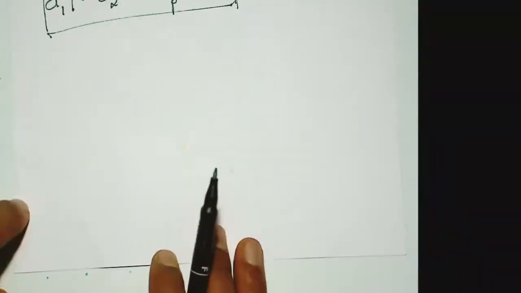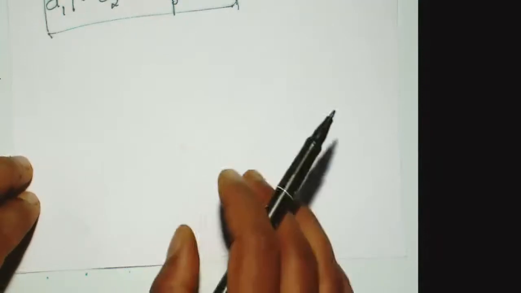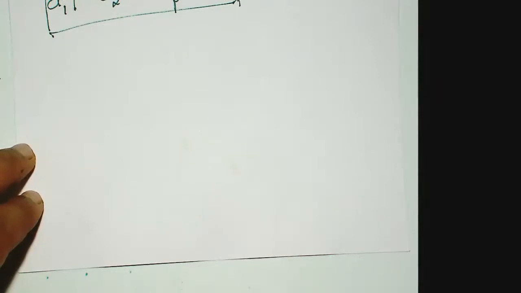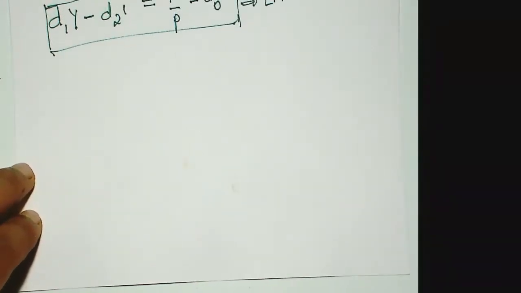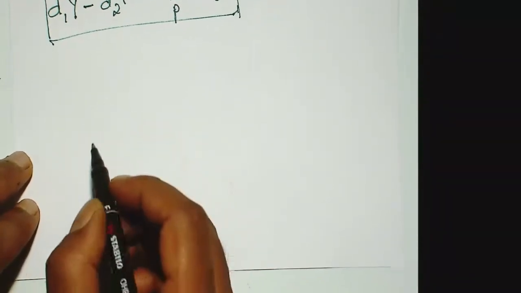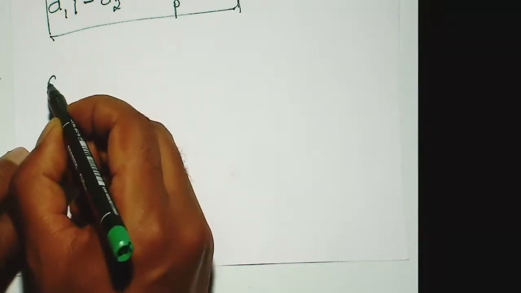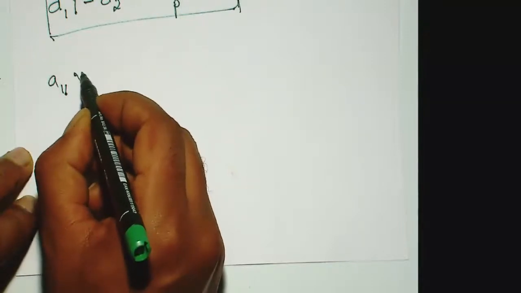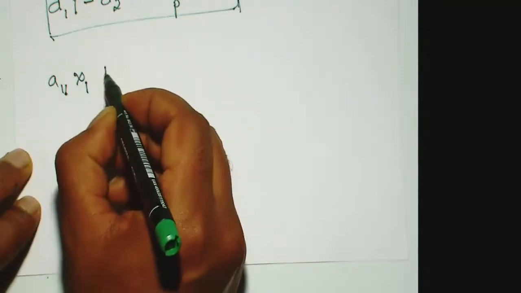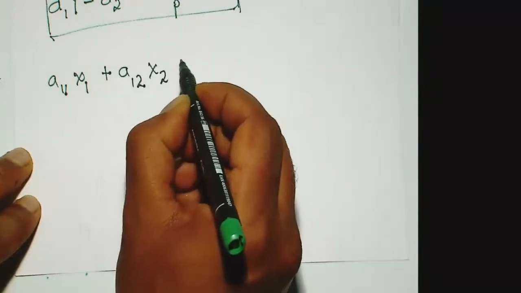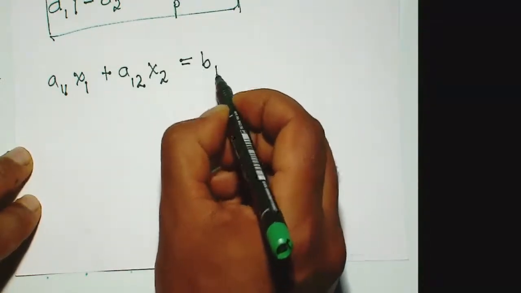These two systems of linear equations can be solved using a matrix representation, and for that they can be written in a matrix representation by saying a11 multiplied by x1 plus a12 multiplied by x2 is equal to b1.